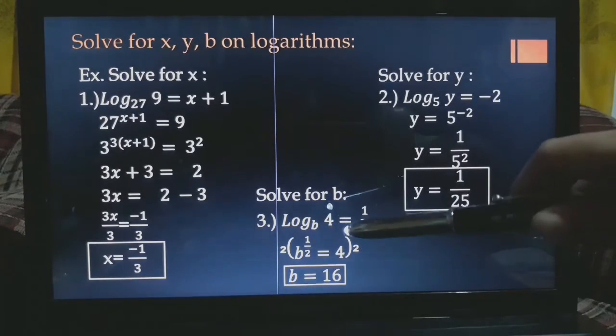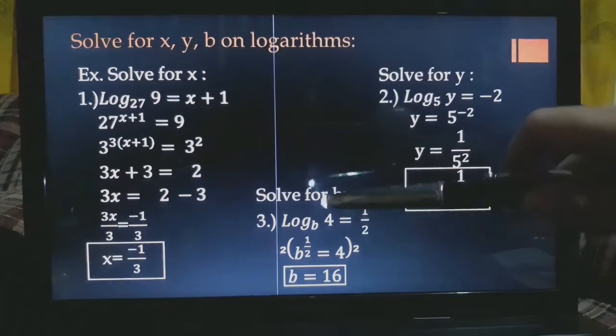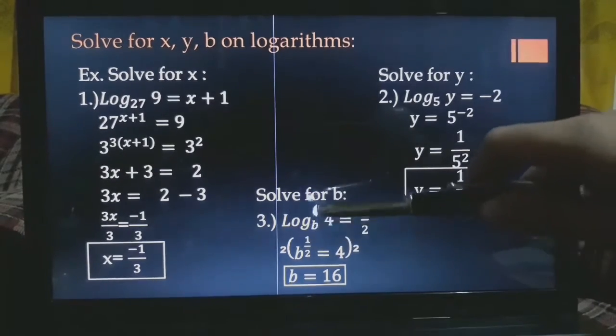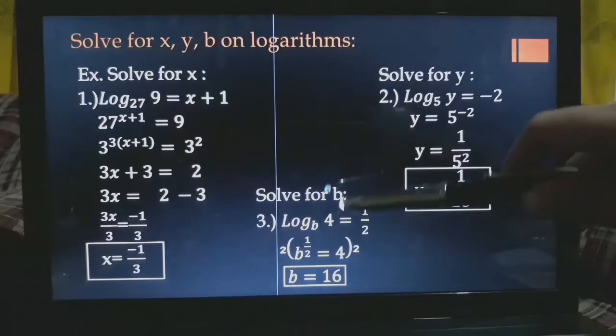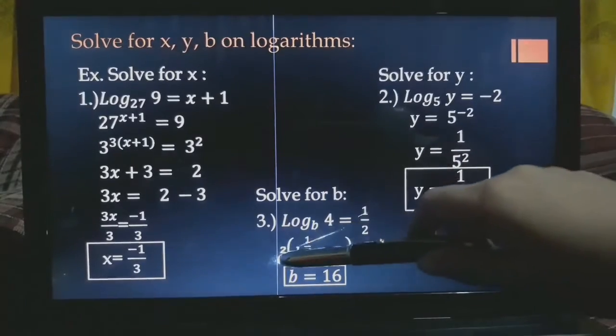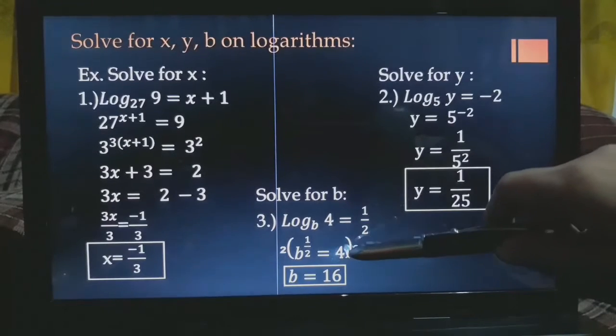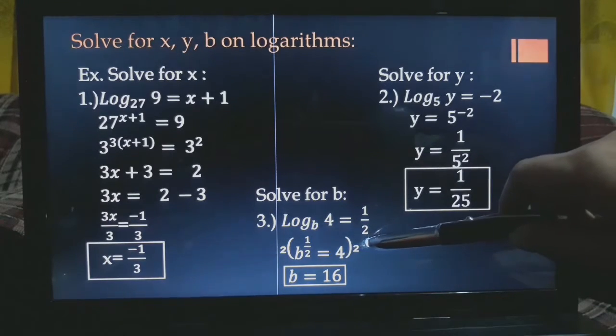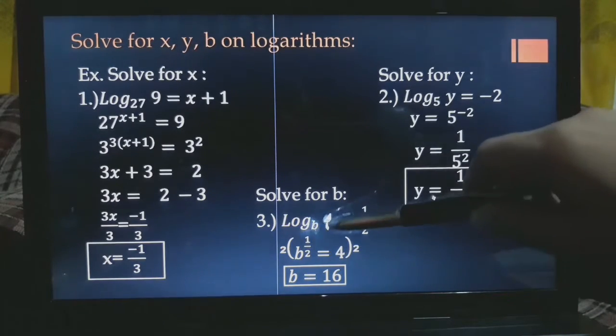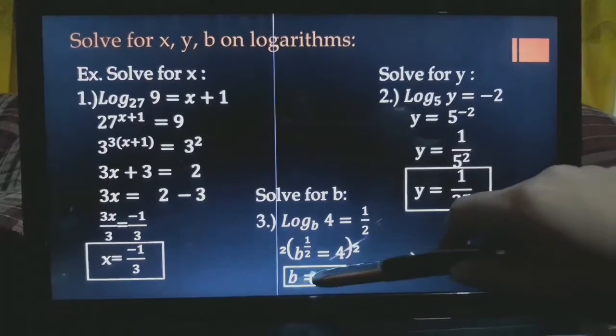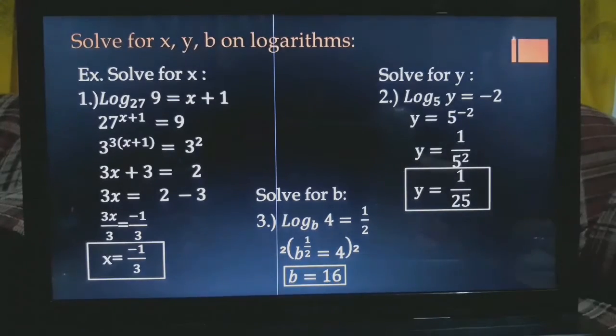We should raise this to the exponent 2 so that it will cancel the exponent. So, cancel, cancel, it will become b is equal to 4 squared, which is 16. So, the value of b is 16.